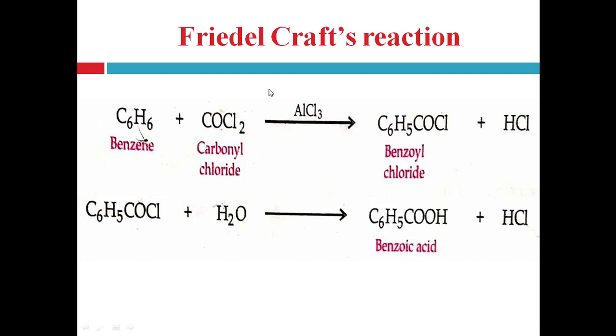So benzene reacts with carbonyl chloride, that is COCl2, in the presence of aluminum chloride and forms benzoyl chloride, right? What is the structure of COCl2?